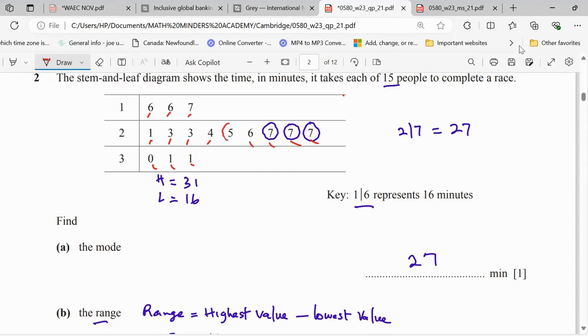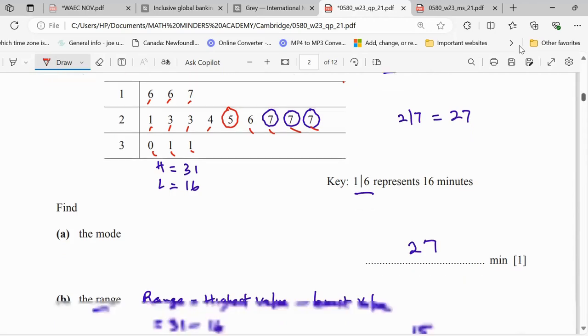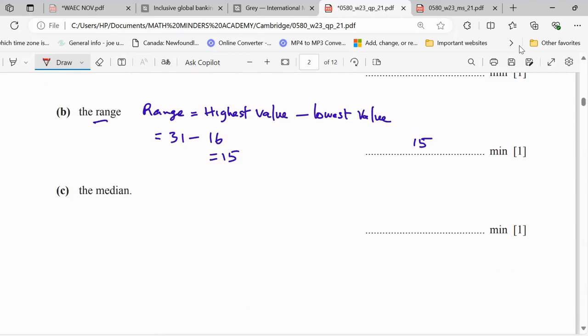So this is going to be the median. And remember that the value is 25. So here, median equals 25.